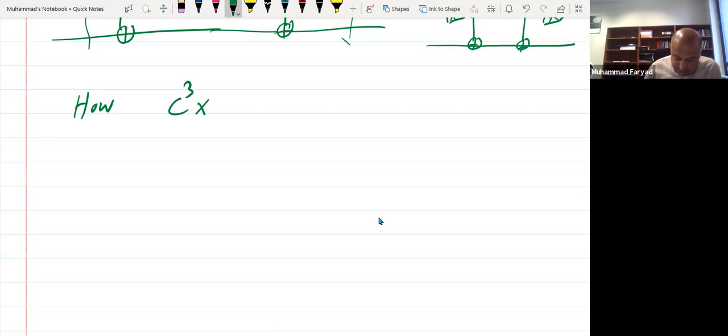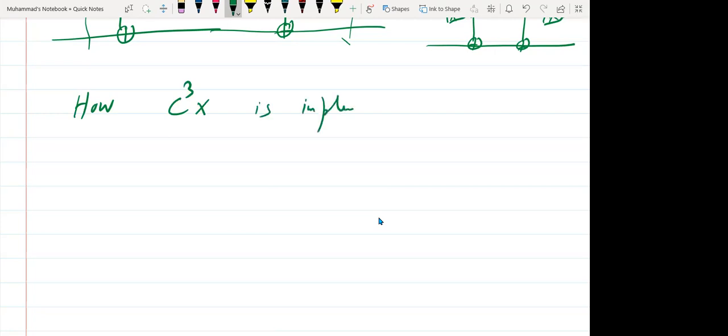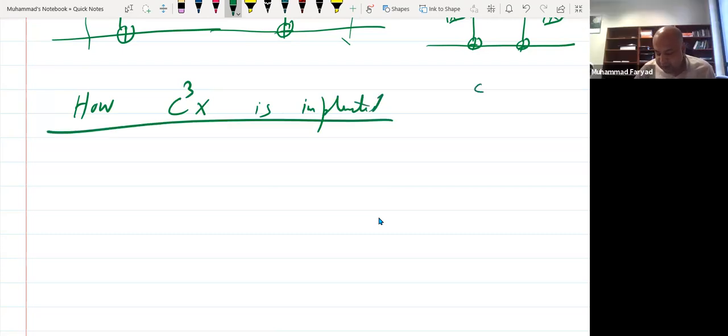Because this is not available in Qiskit. By the way, in Qiskit, CCX is available, but it doesn't mean that Qiskit implementing on the IBM hardware is able to do an entangling operation between 3 qubits. It doesn't. So this is not a primitive gate that is available in IBM.